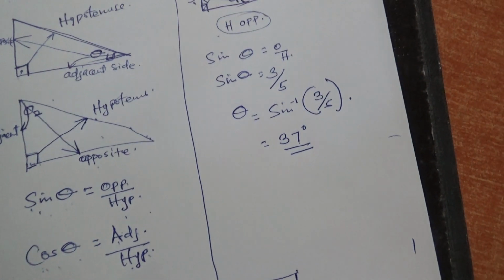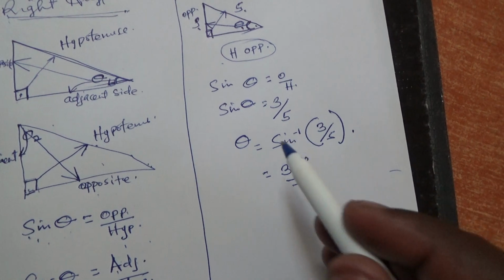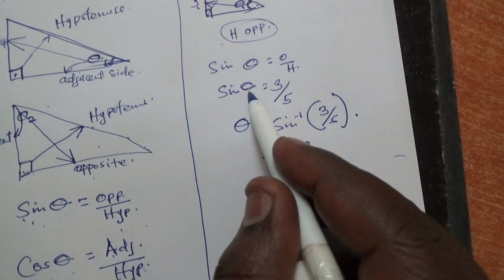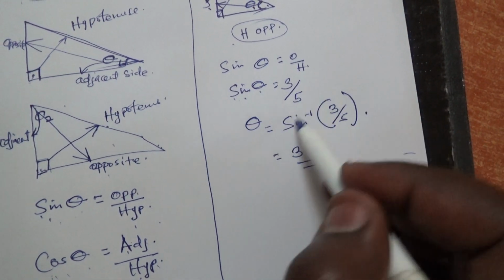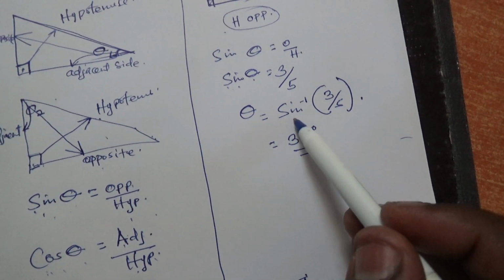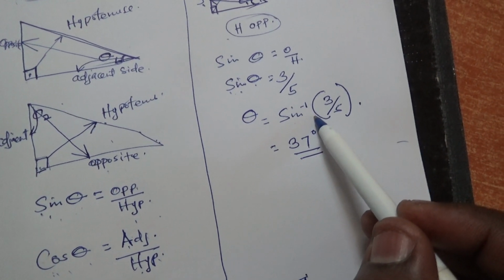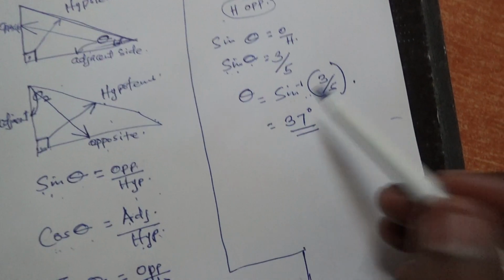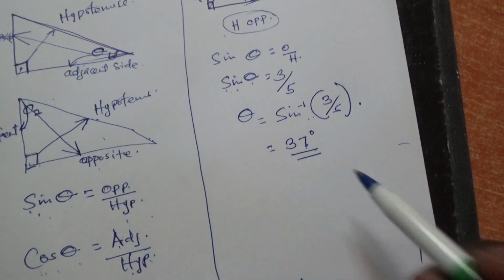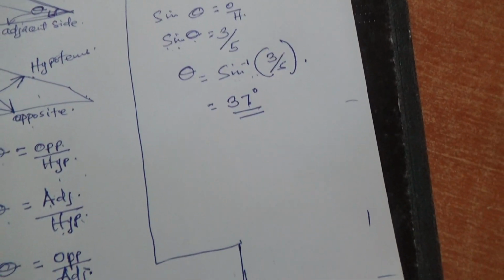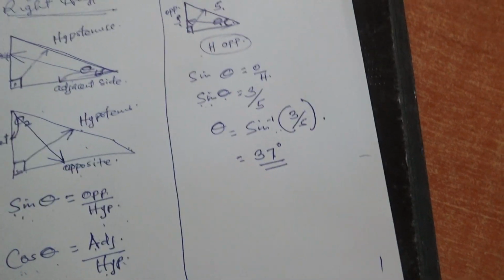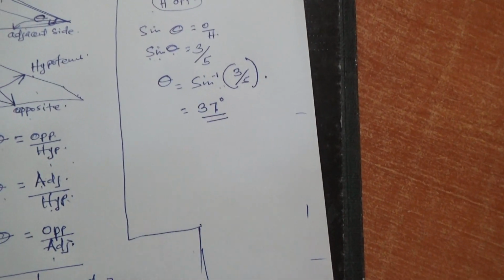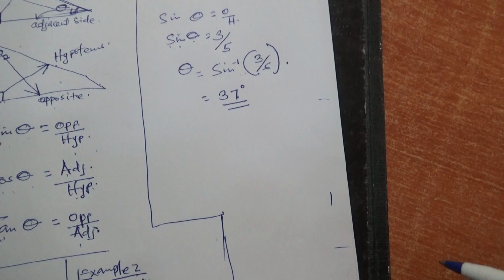All right, because if the sine is here, when it crosses to the other side it is going to be the sine inverse. Okay, so that is what you do here. That is 37 degrees.